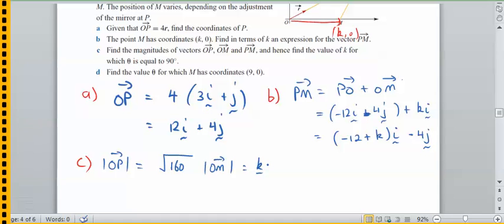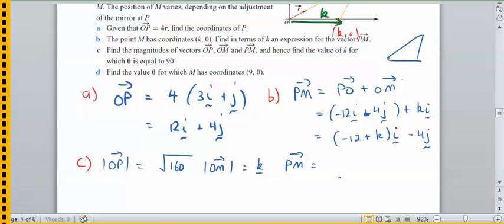We only need to use the square root of this squared plus this squared if we're looking at components, but it's going directly across, so the magnitude is just the length k. Now, the magnitude of PM is the square root of (negative 12 plus k) all squared plus (negative 4) all squared. Just leave it like that.